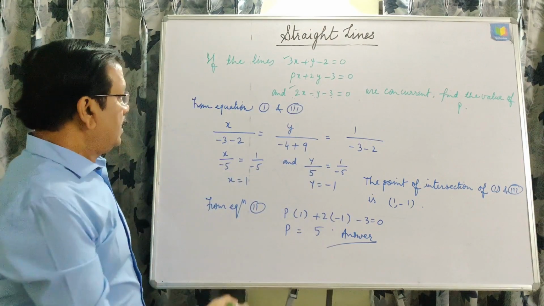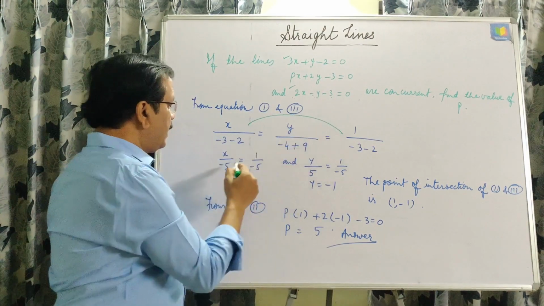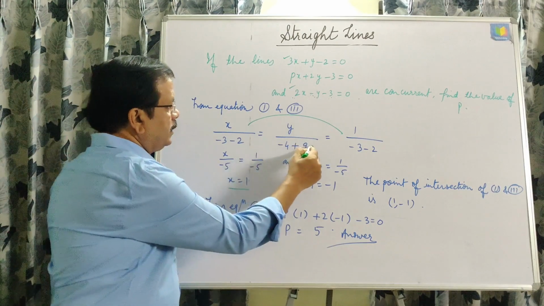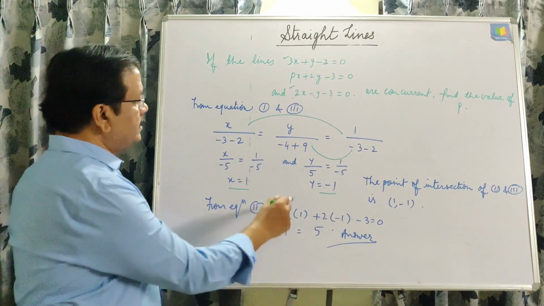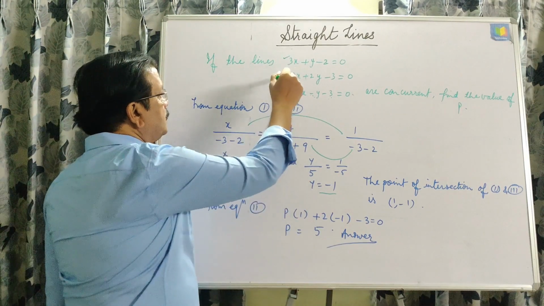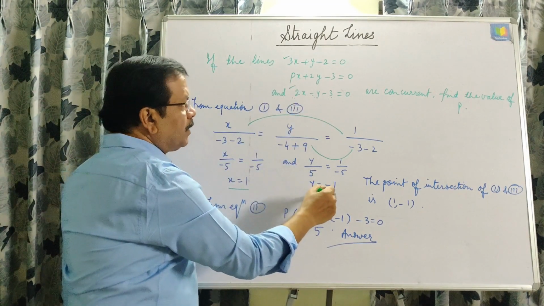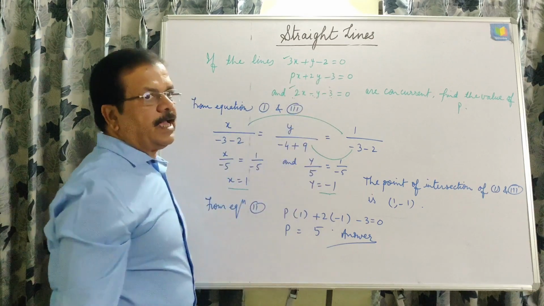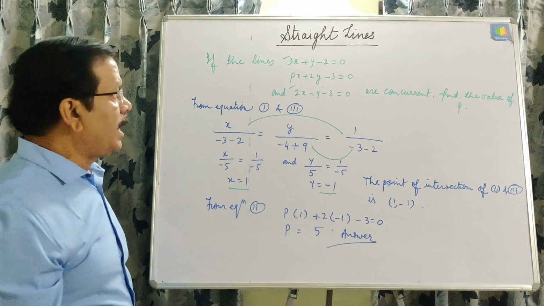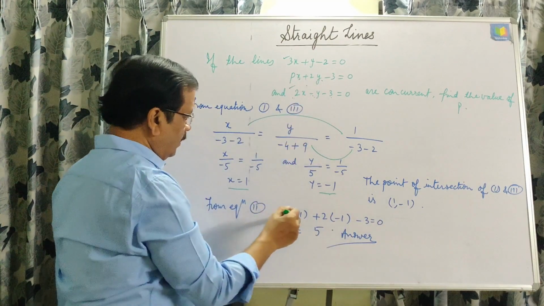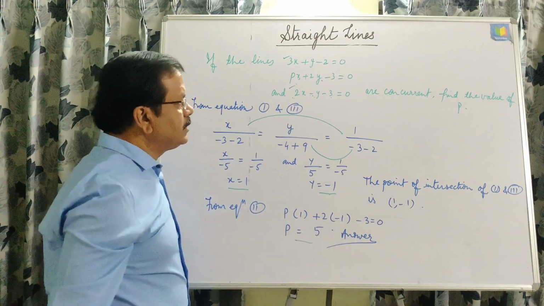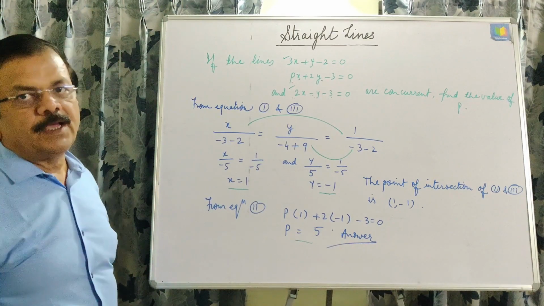Comparing these, we are getting x is equal to 1, and y is equal to minus 1. This is the point of intersection of these two lines, and this must satisfy the third line also, because these three lines are concurrent. Then putting this value 1, minus 1 in the given equation, we are getting p is equal to 5. This is what we have to find out.